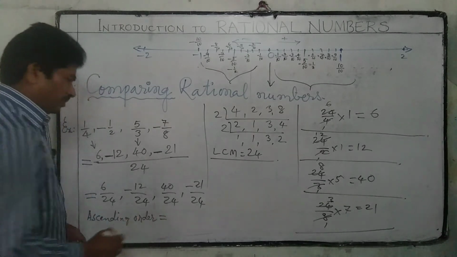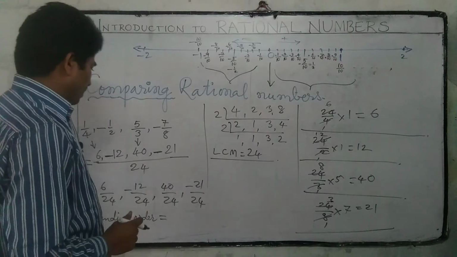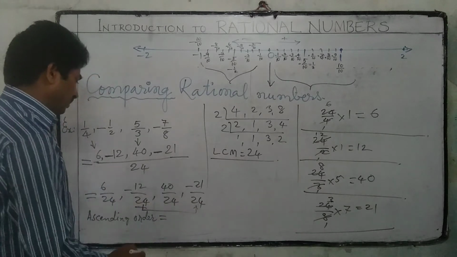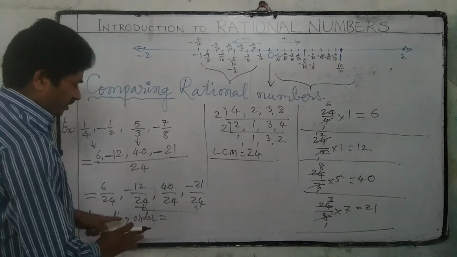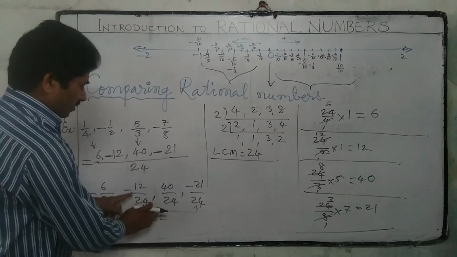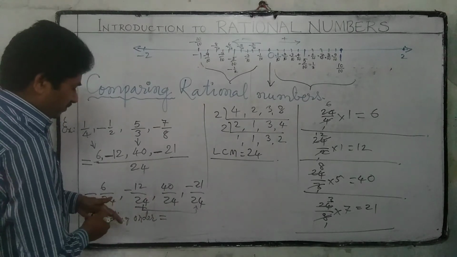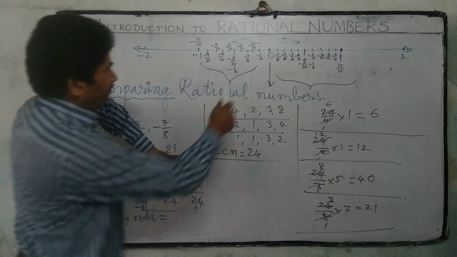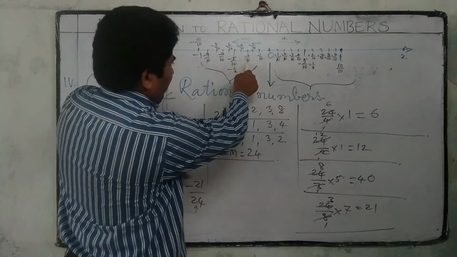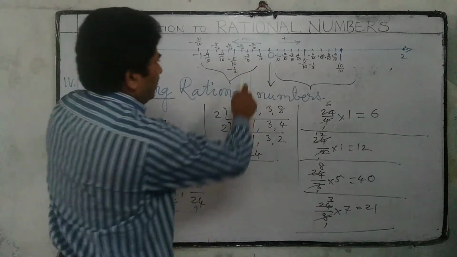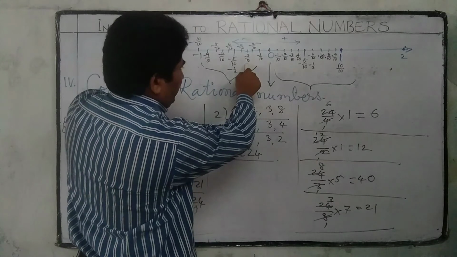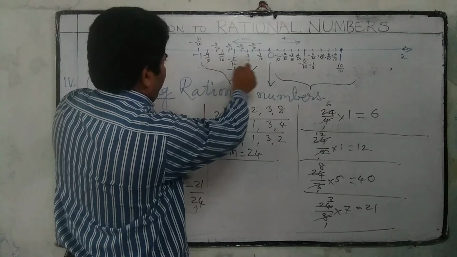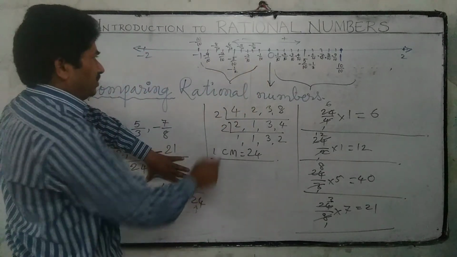To write ascending order, we have to take the smallest first. These are smaller. In these two, which is the smallest? The number which has the largest numerator is the smaller. Minus 1 by 10, minus 3 by 10. Which is the smaller in this? Minus 3 by 10 is the smaller, not minus 1 by 10. In this, minus 9 by 10, minus 1 by 10. Which is smaller?